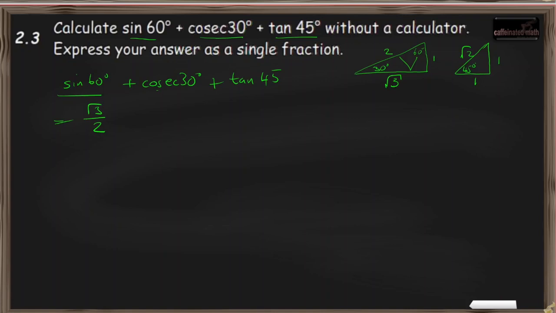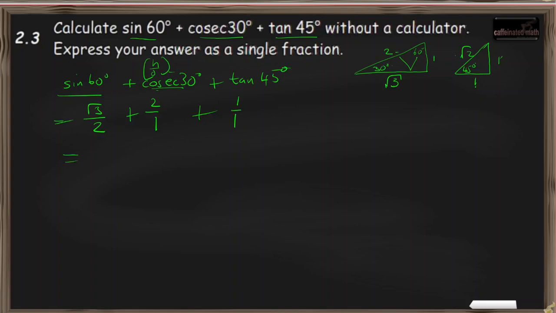Well, cosec is the reciprocal of sine. So it's not opposite over hypotenuse. It's hypotenuse over opposite. Well, from 30, hypotenuse over opposite, well, that's plus 2 over 1. And the last one, plus tan of 45, opposite over adjacent. So that's going to be 1 over 1.